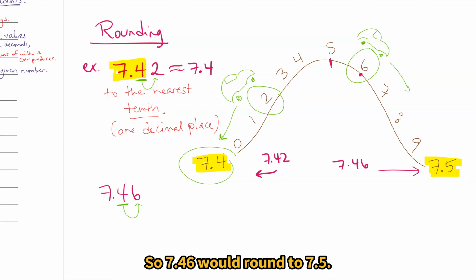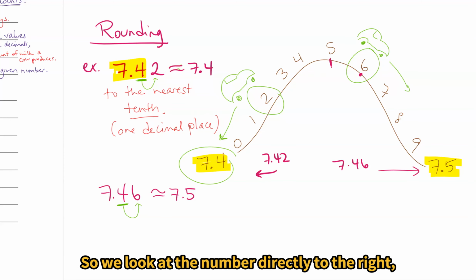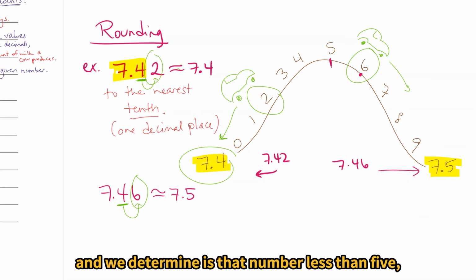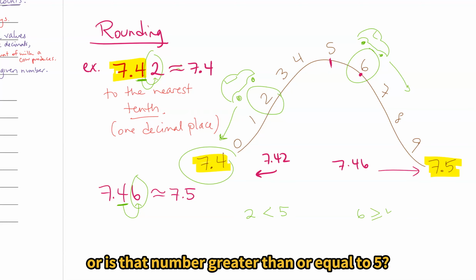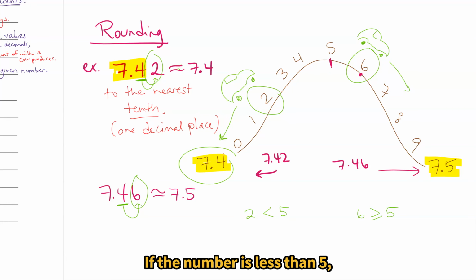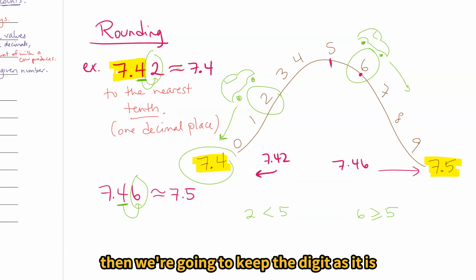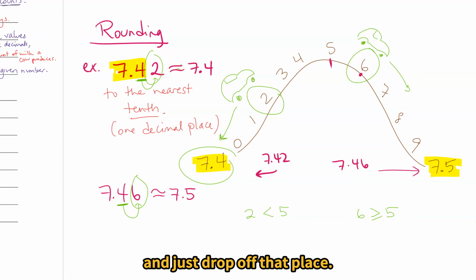So 7.46 would round to 7.5. So we look at the number directly to the right and we determine, is that number less than 5, or is that number greater than or equal to 5? If the number is less than 5, then we're going to keep the digit as it is and just drop off that place.